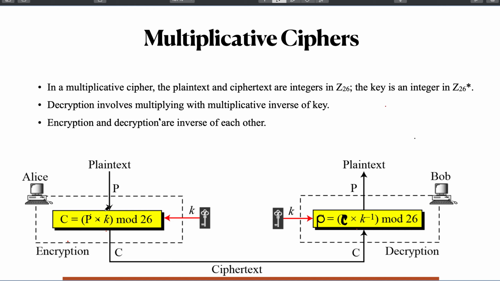So P times K mod 26 will give you the cipher text number. In decryption it is the other way around. You have the cipher text number multiplied with the inverse of the key, represented by K inverse, and then you take mod 26, and you get back the plain text. This is the basic concept of multiplicative ciphers.